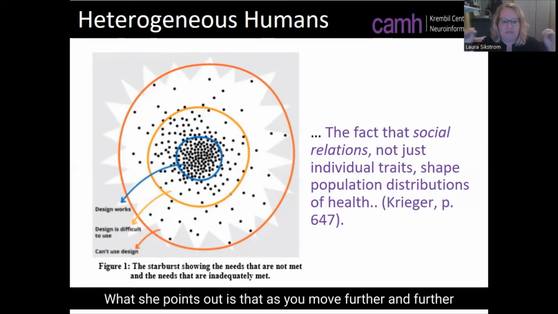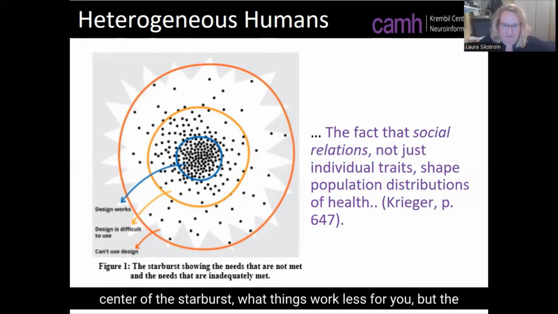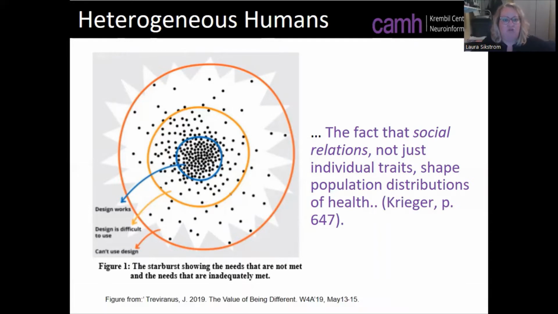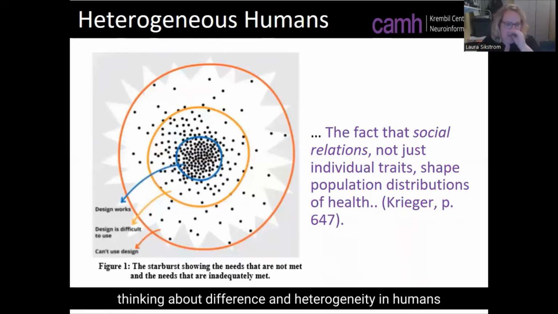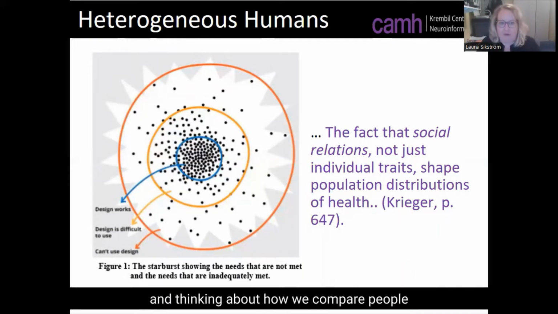And what she points out is that as you move further and further out of this average, away from this average man, away from the center of this starburst, things work less for you, but also more diverse people get from one another. So I find this graphic very useful for thinking about difference and heterogeneity in humans and thinking about how we compare people and what makes those comparisons meaningful.